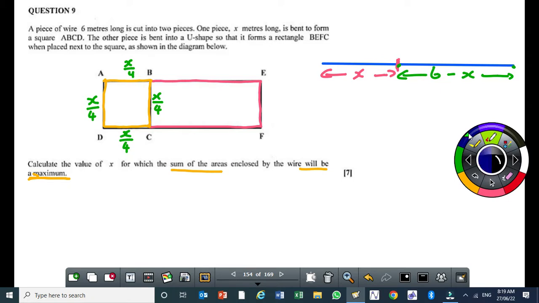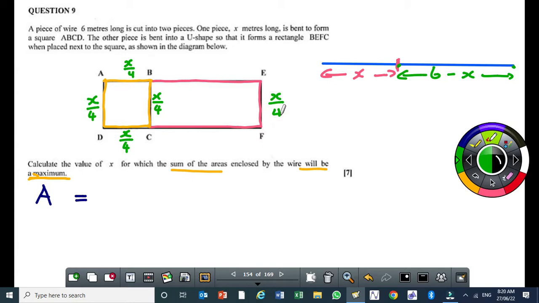So we need to calculate the sum of the areas of the two shapes. So we know that the area A, since we have a square and a rectangle, right? I'm sure you can agree with me that the length of EF is also going to be x over what? 4. Do you agree with me then?